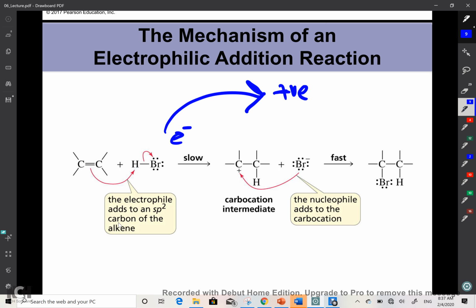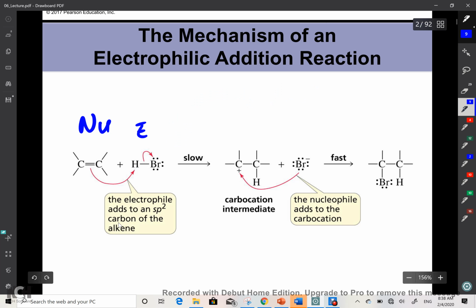Now, this is a general mechanism for the electrophilic addition reaction of alkenes. In this case, our electrophile is a hydrogen bonded to bromine. This is our nucleophile, the alkene, and the electrophile, E, is that particular hydrogen bonded onto bromine.